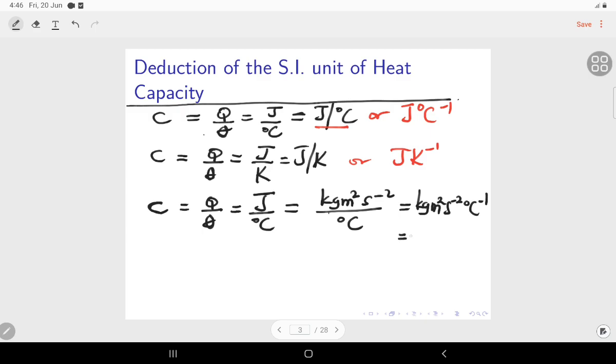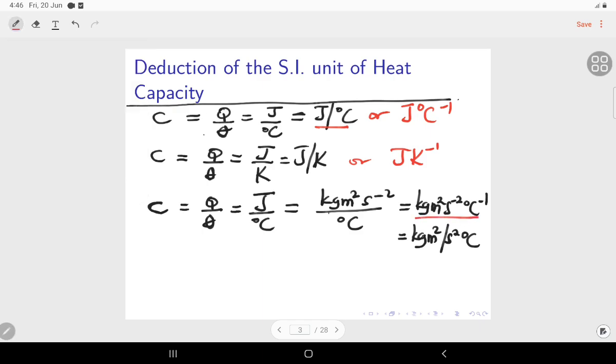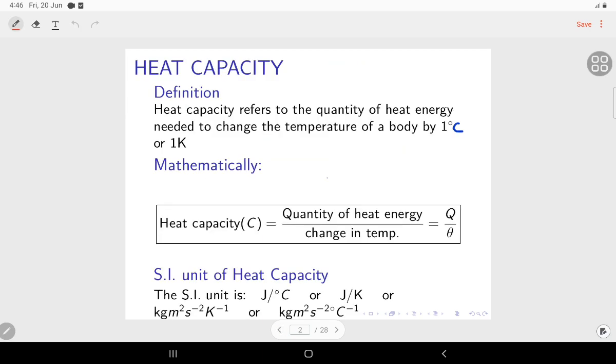You can rewrite this as kilogram meter squared S squared. You can do this one too. This one is also accepted. Any of them. So this one has brought us to there. This one that I wrote is the one I've shown you here.